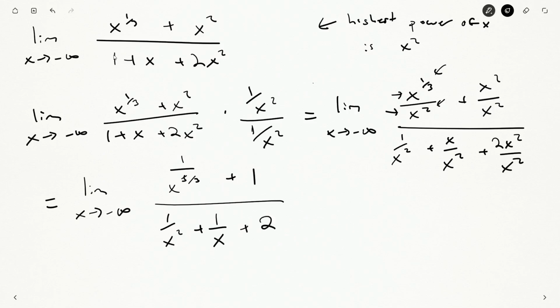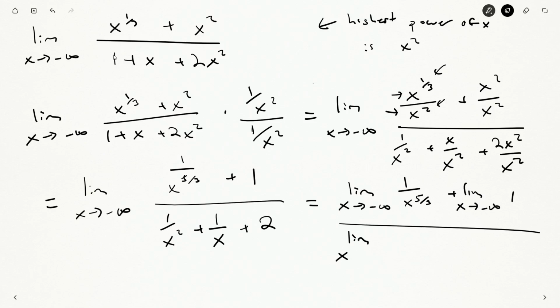Okay. Now, what can we do here? Well, we can bring the limit through using our quotient law, sum law, all those other fun limit laws. They finally get to come into play.